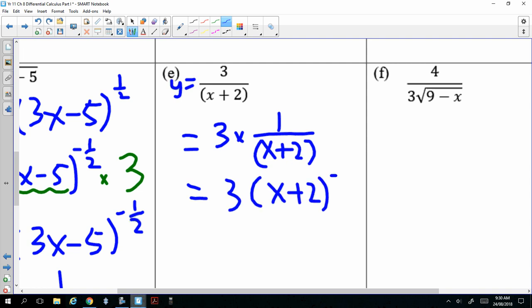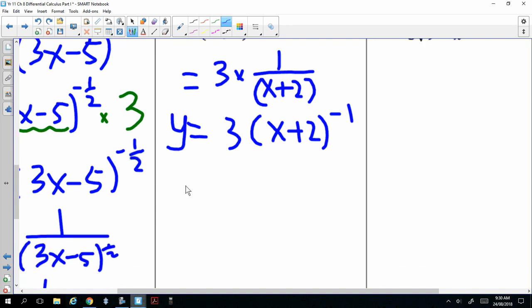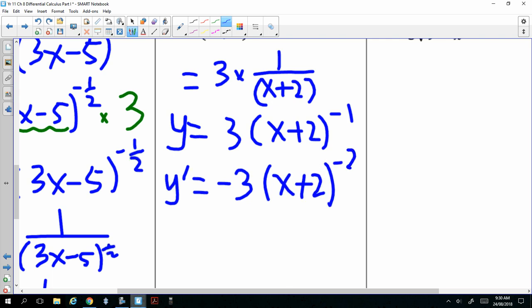Y dash is negative 1 times 3 is negative 3. X plus 2, negative 2. And then what else you have to do? Differentiate what's inside, which is 1, which is just nothing, right? So you get negative 3 over x plus 2 squared.